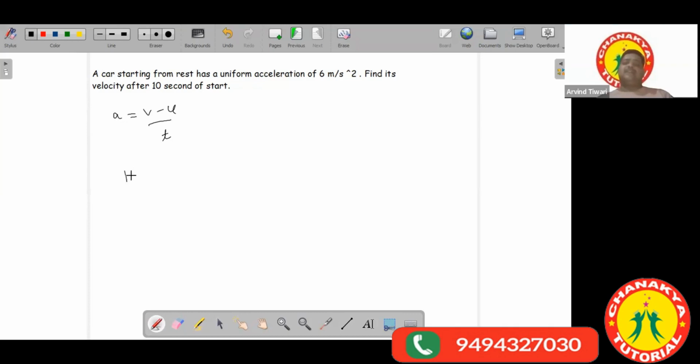Put acceleration as 6 equals v, which we want to find out, minus u, which is 0 since it starts from rest, and time is 10 seconds. So just transpose, and you get 60 meter per second as v.